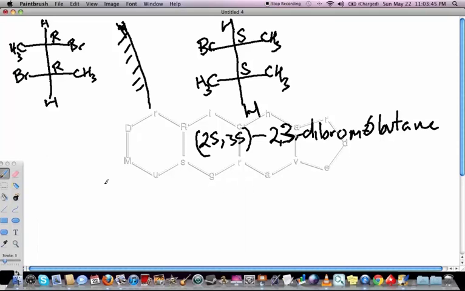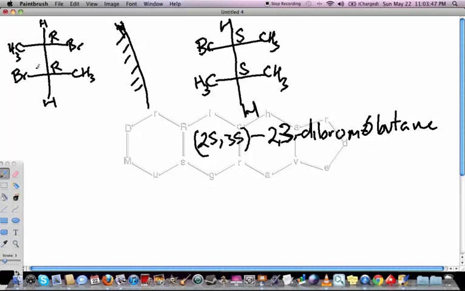Now a diastereomer is a situation where one of the chiral centers gets switched and one of them remains the same. Now we can actually do this on the original compound, or we can do it on the enantiomer, because the enantiomer of the diastereomer is also a diastereomer. So let's go through this one here and see if we can get a diastereomer.